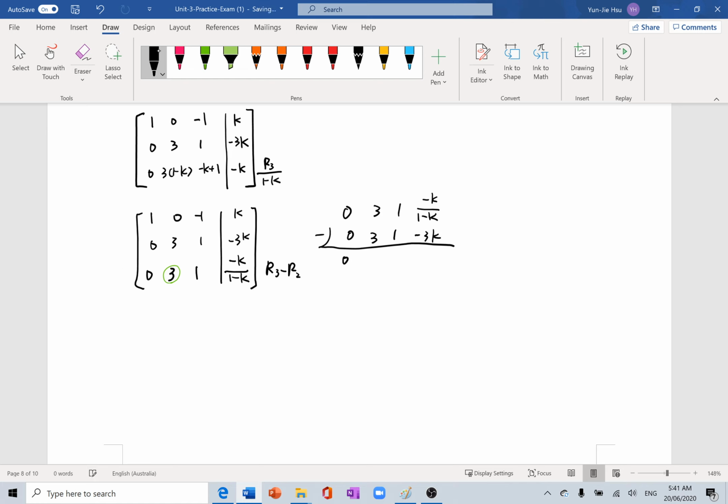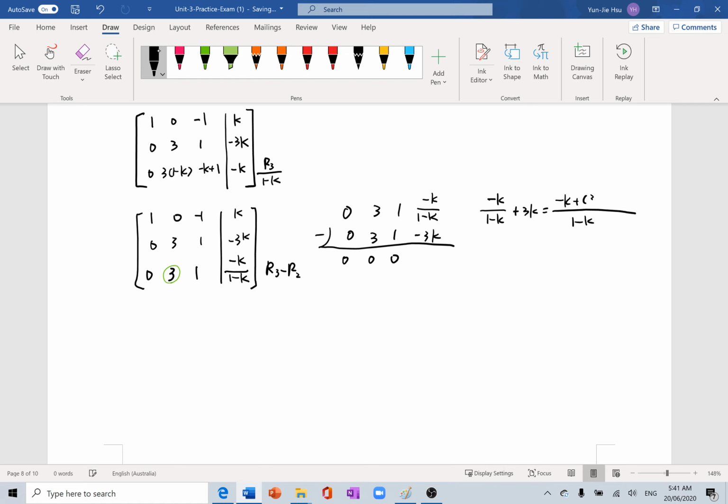So I get 0, 0, 0. Here is negative k over 1 minus k minus negative 3k, which becomes plus 3k, equal to negative k plus 3k(1 minus k) over 1 minus k.